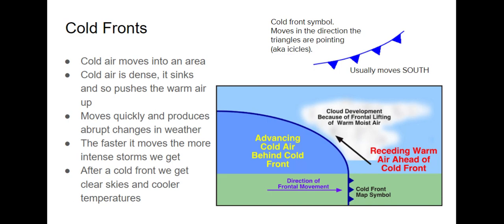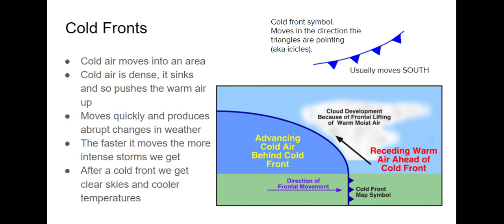So we're going to have thunder and lightning, lots of rain, and tornadoes that come with a cold front. After these intense storms, that's whenever the skies clear out and the temperatures are cooler. So remember, your cold fronts come in fast. That's where you have your very intense weather.